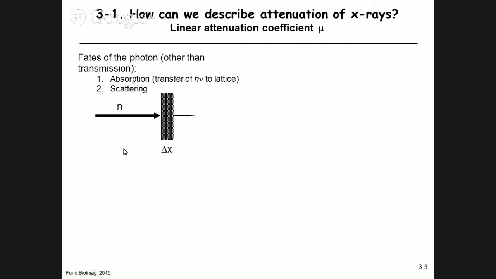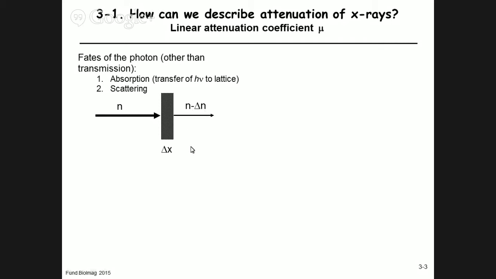So let's look at a tissue layer of delta X thickness, and let's assume we have N photons that impart on this tissue layer. Since absorption and scattering remove photons from the beam, we will end up at the end with N minus delta N photons.